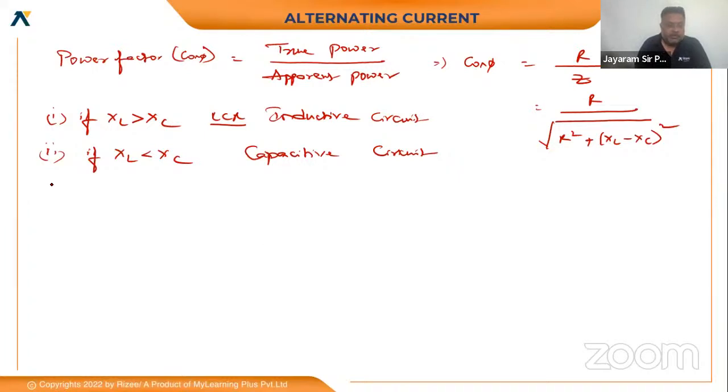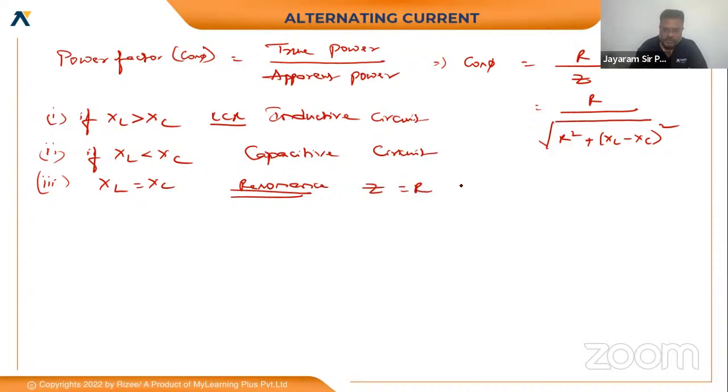The third case is the most important case, please. If XL is equal to XC, then it is called resonance. When XL is equal to XC, that means it is in resonance. Z will be equal to R, since XL minus XC becomes 0.